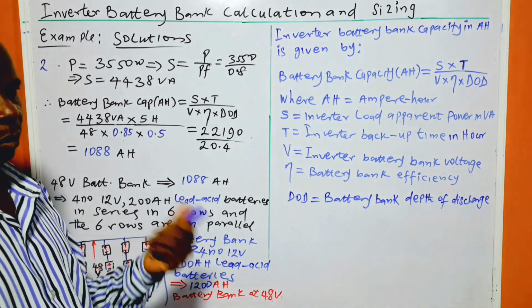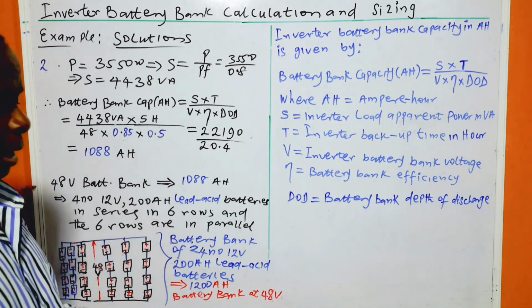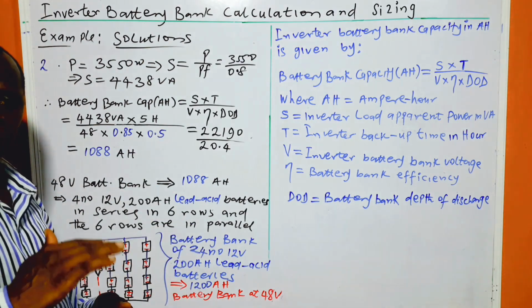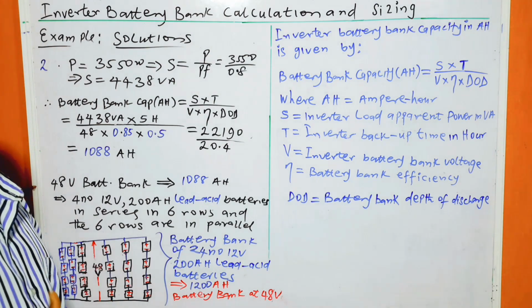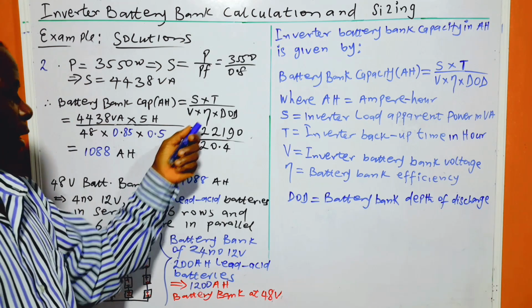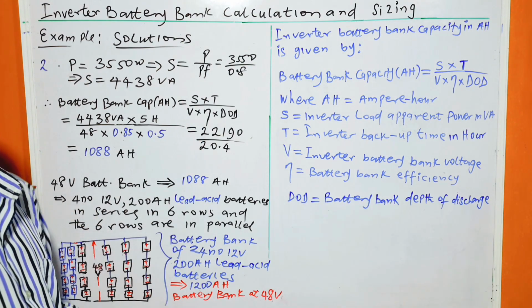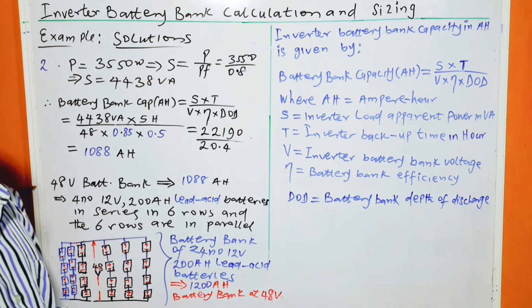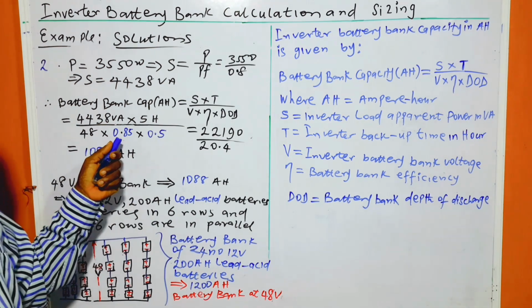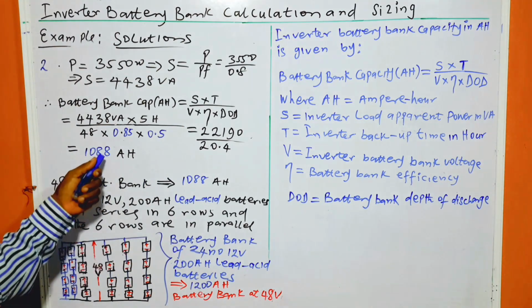That is, usually one can only discharge a lead acid battery to half of its total charge. That's 50% depth of discharge. And the efficiency of a lead acid battery is usually 85%.